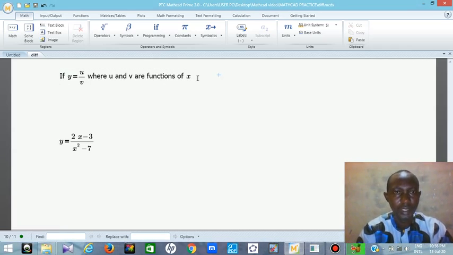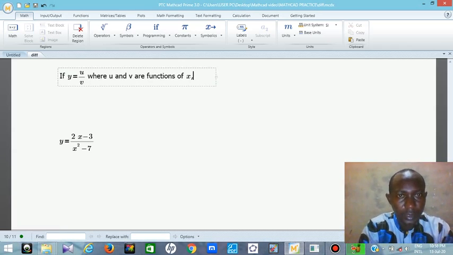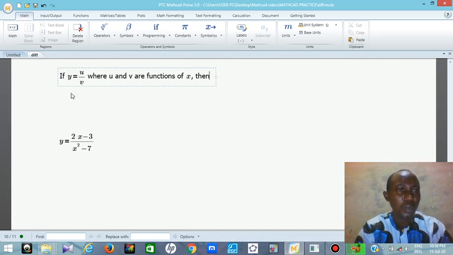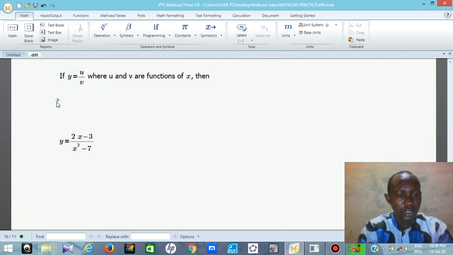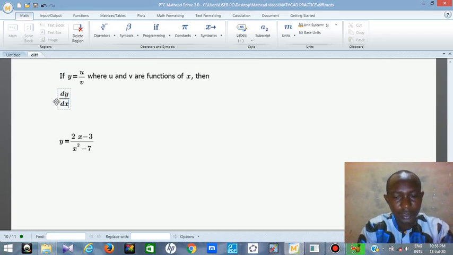Quotient rule says this: what you just need to do is dy/dx.